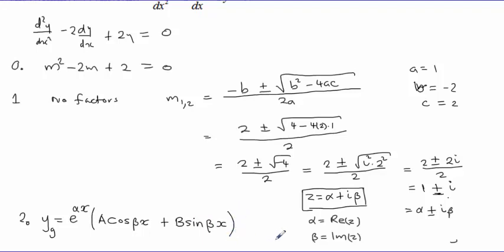That will be a general solution. I reiterate, look, observe what happens to the parts of this complex number here. Alpha comes here and becomes a scaling factor for this exponential function there. And beta comes here and becomes the angular velocity for the two sinusoidal waves here, cosine and sine.